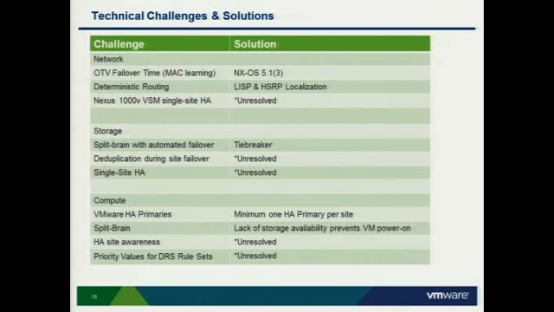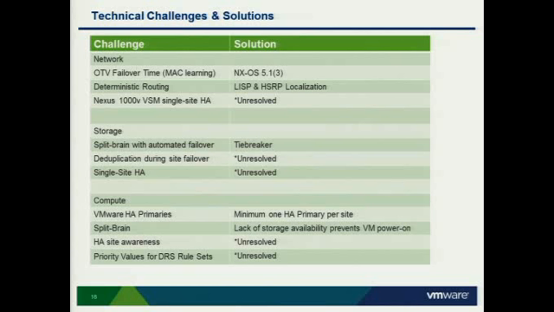And then the other things that, as of right now, are unresolved: site awareness in general, right? It'd be great if Virtual Center and all the other components were aware that we were actually splitting them across. And then there are little gotchas that we ran into in regards to DRS rule sets. For a quick explanation, it's essentially if we have one VM that's in multiple DRS rule sets.